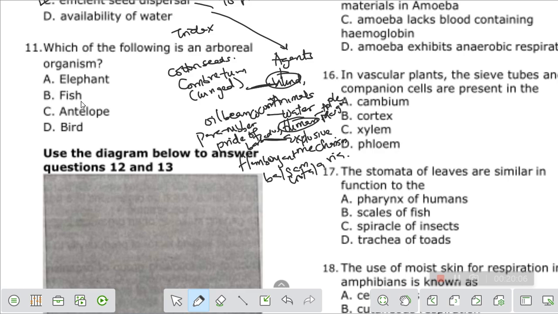So now, sorry, this diagram is not there. Oh, oh my gosh, I'm so sorry. I will have to sort for the image online.